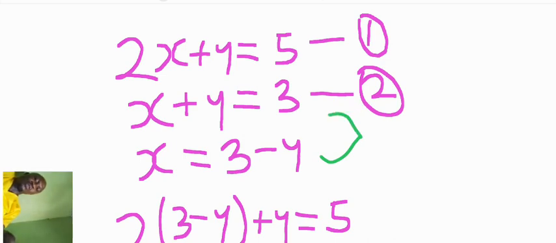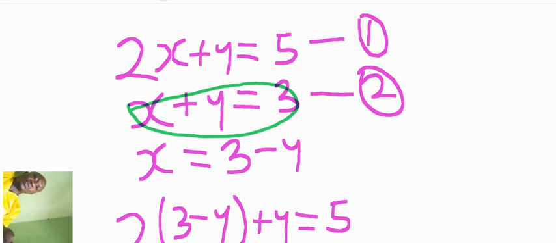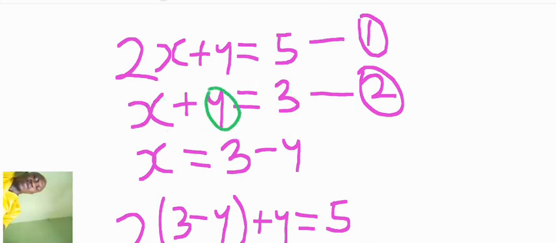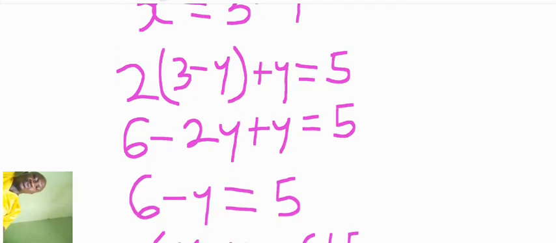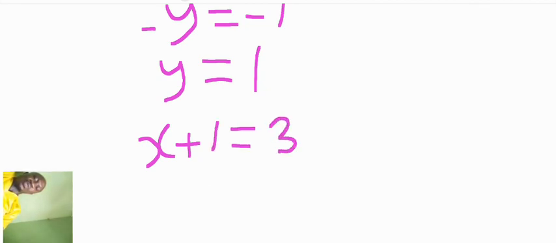Any of them is going to give you the same result. So pick one of the equations and substitute the value for y to get the x value. I am going to take equation 2. In place of y, I put 1. So from equation 2, I have x plus y, y is 1, and this is equal to 3.